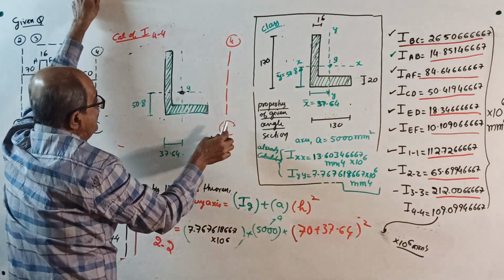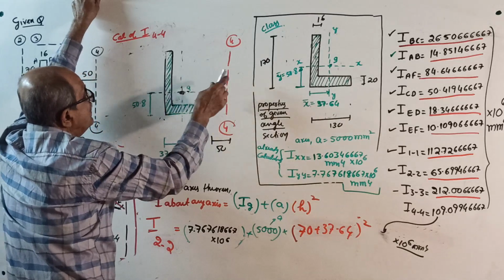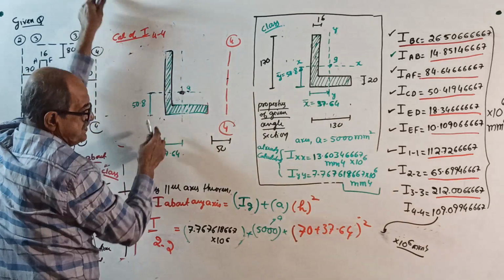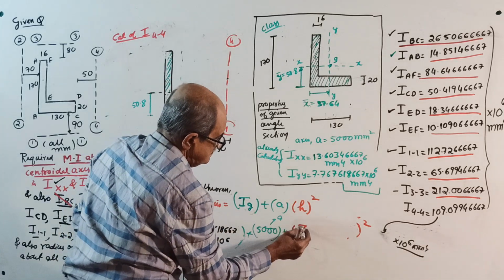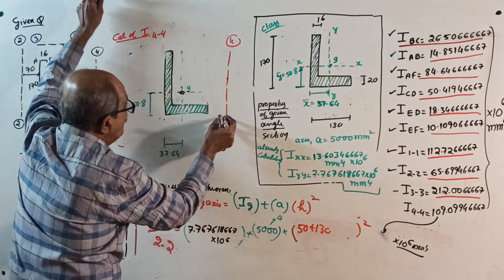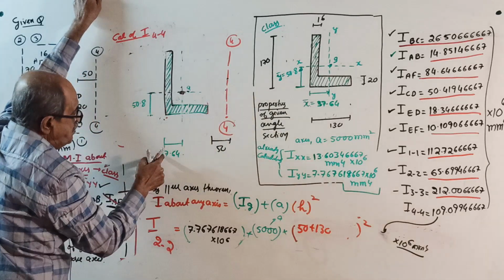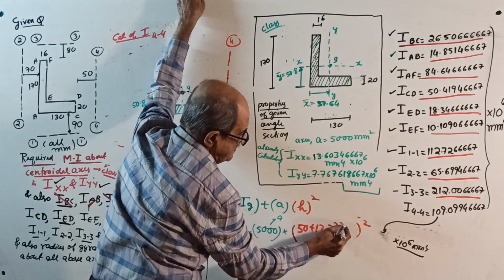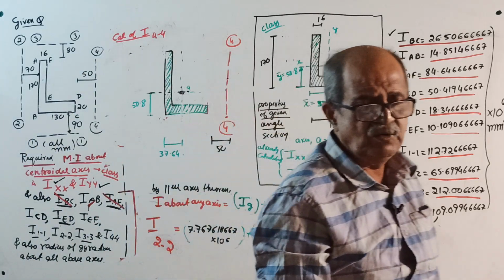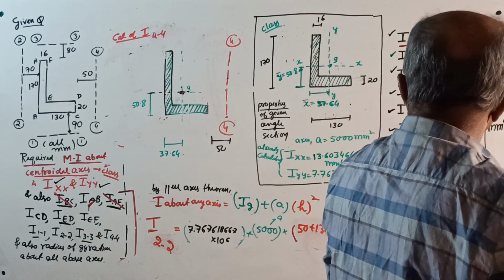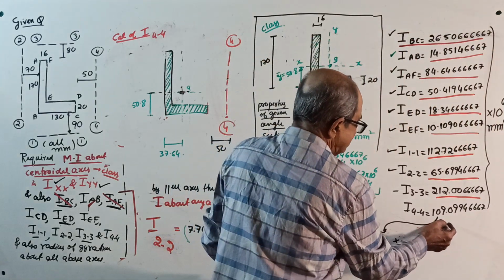That is 50 outside plus 130, which gives you from here to here. We want this distance minus 37.64, square. Calculate. Okay, last one I'll calculate: 109.09944467. You will get this answer.